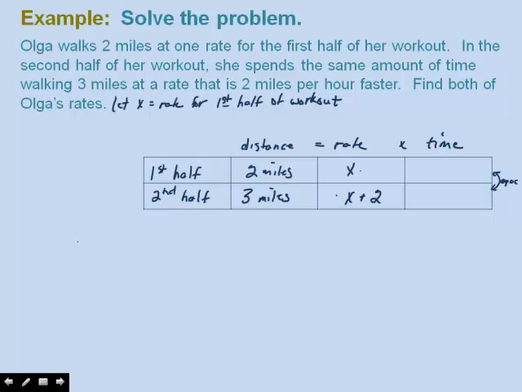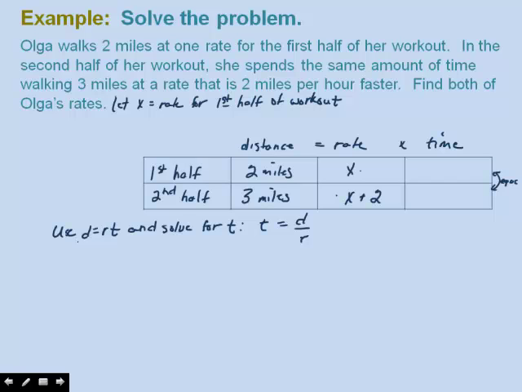So what we're going to do is use our formula, and we're going to solve for time. If we just take our formula and solve it for t, we have time is equal to distance over rate. So we can use that to fill in our two boxes.